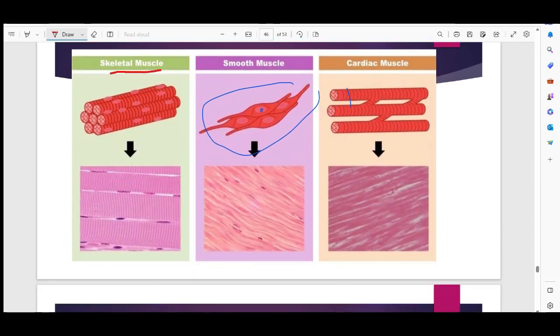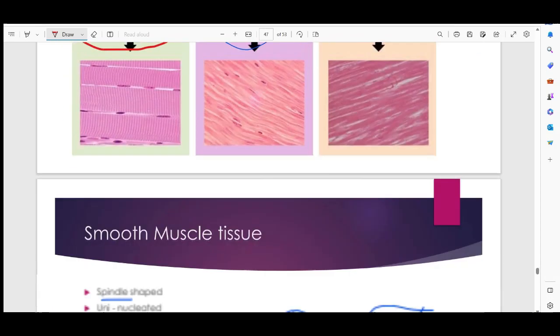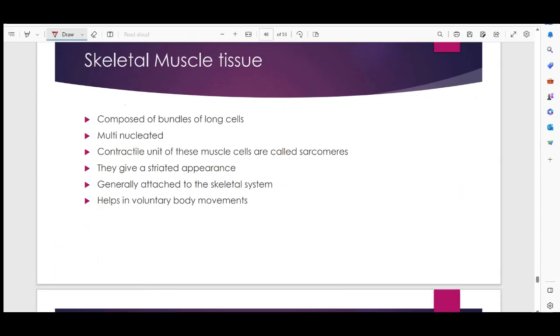This is a skeletal muscle. It's kind of cylindrical shaped, and it has many nuclei. That's the unique feature, and you can use it to differentiate a skeletal muscle from a smooth muscle. Smooth muscle was uninucleated, but skeletal muscle tissue is multinucleated.